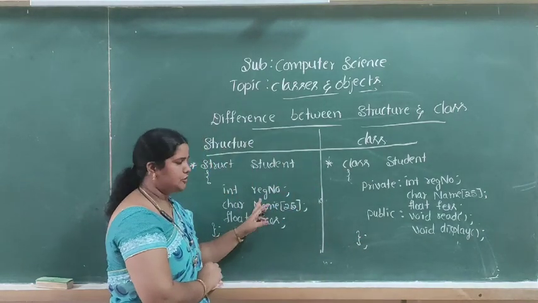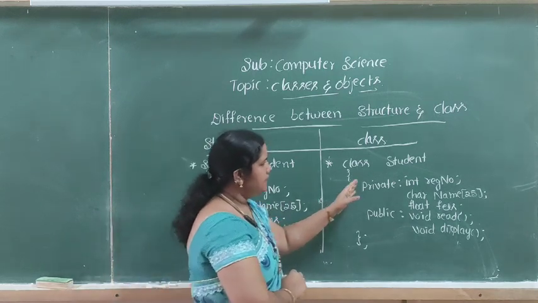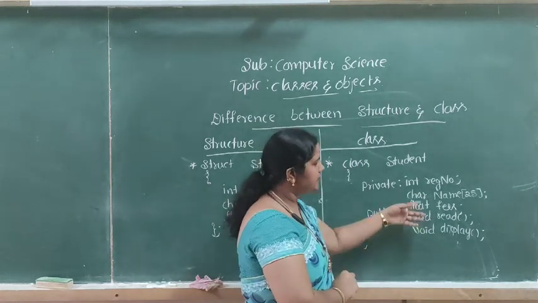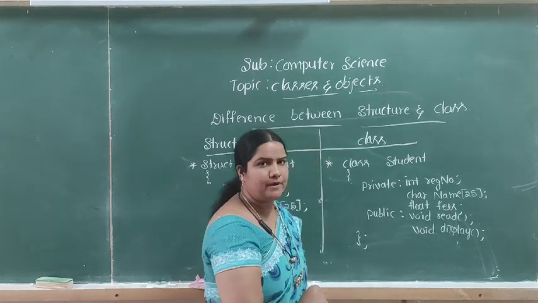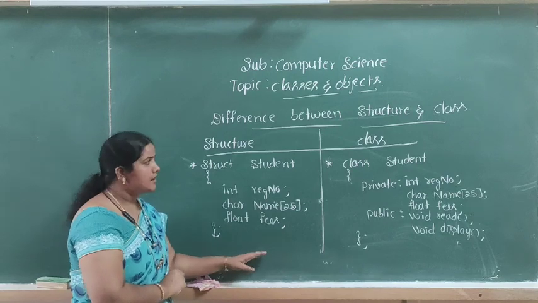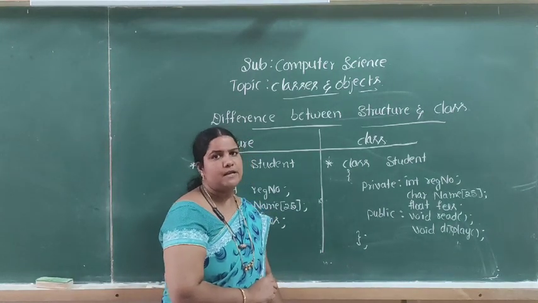Again, register number, name, fees are the members of the student. In a class declaration we take the data members like register number, name and fees, and it also contains the member functions. And a structure cannot be inherited, but using a class we can inherit the programs.